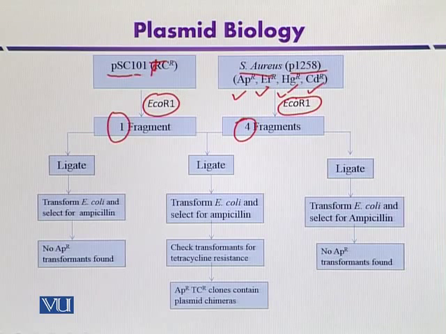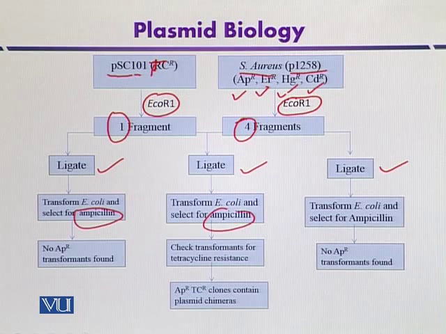Then they can be ligated with the help of DNA ligase. Here they are ligated, and then they are screened for the presence of antibiotics. After introducing the ligated DNA into E. coli, they can be screened for the presence of ampicillin.